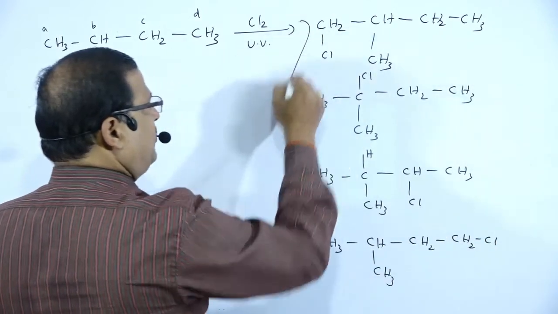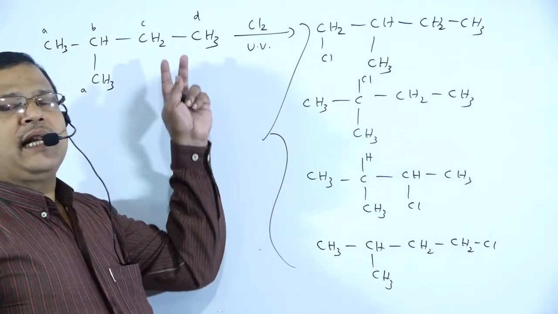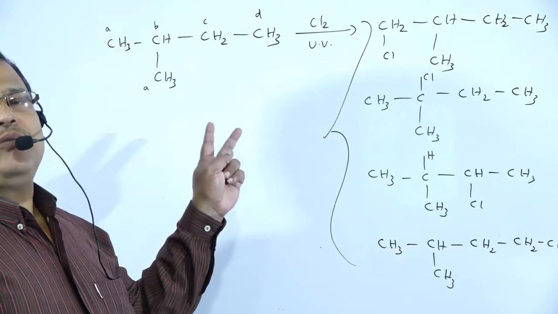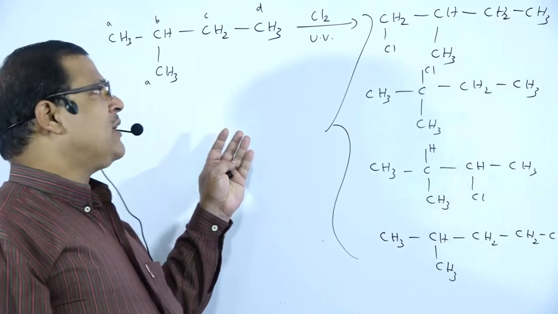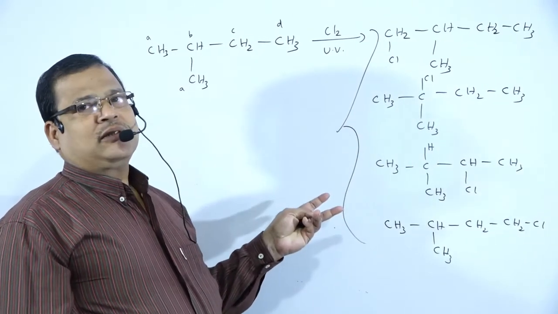So in this case 4 different kinds of products will be produced, because this alkane contains 4 different kinds of hydrogen atoms. So these 4 hydrogen atoms may be replaced, giving different products.